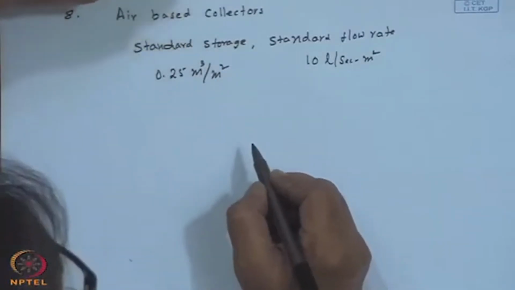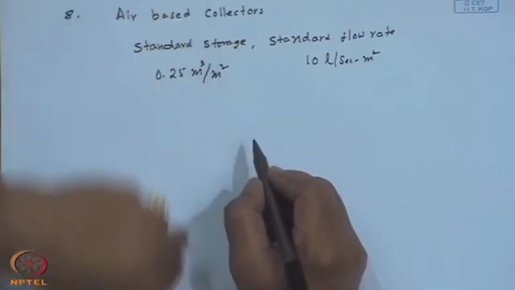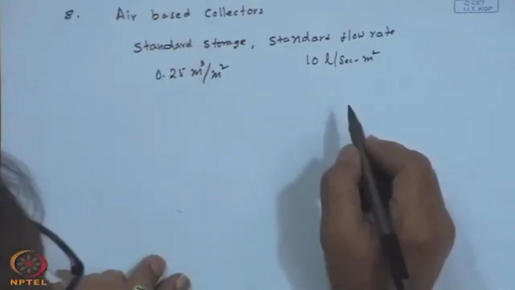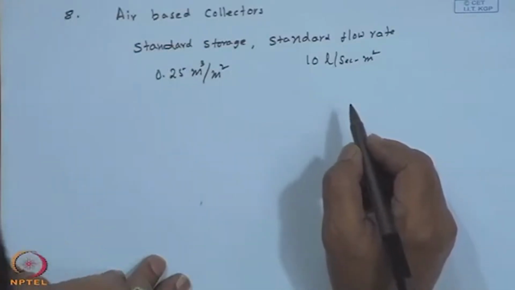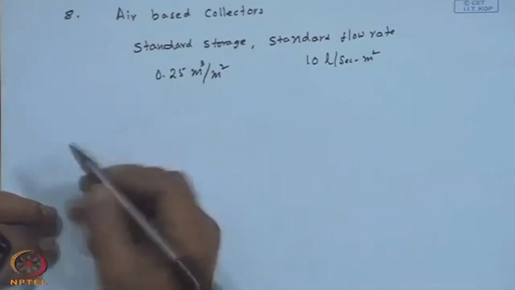So, these are numbers I am repeating so that you will be remembering, and once you say standard storage and standard flow rate, you must almost be able to know what they are.